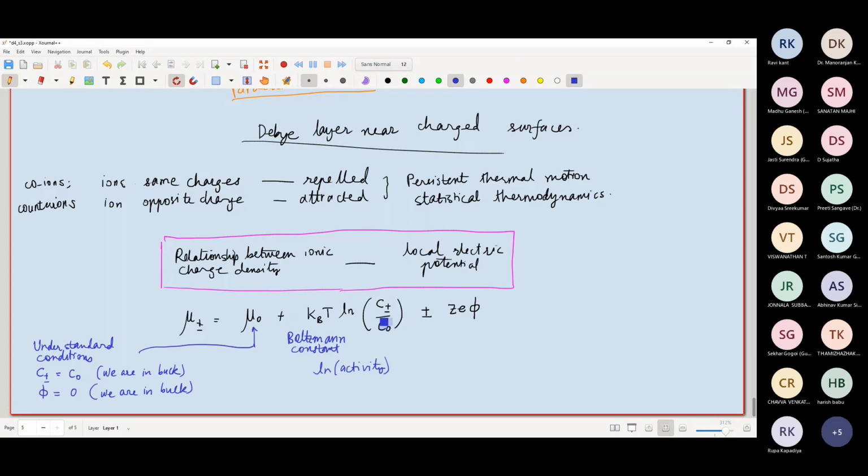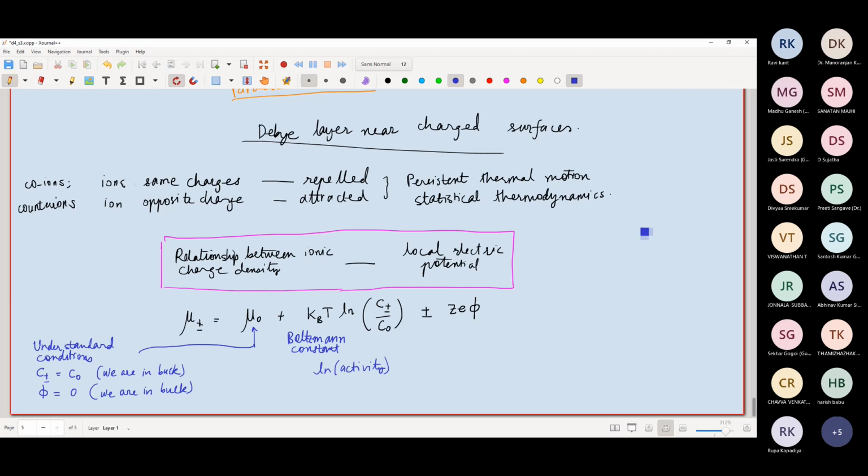So any deviation from the bulk concentration leads to an increase or decrease in the chemical potential. This particular term is the activity of the ions, and it is not tied down to any kind of electric potential. This is solely based on the concentration.